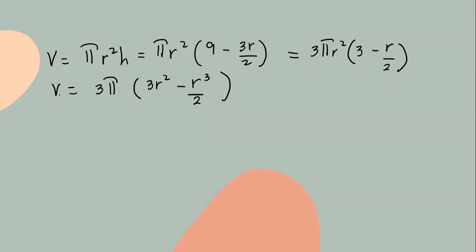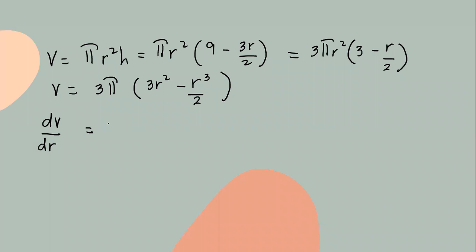Then your dependent variable is the volume and the independent variable is your r, which is the radius. Therefore, the derivative of V with respect to r: get the derivative.